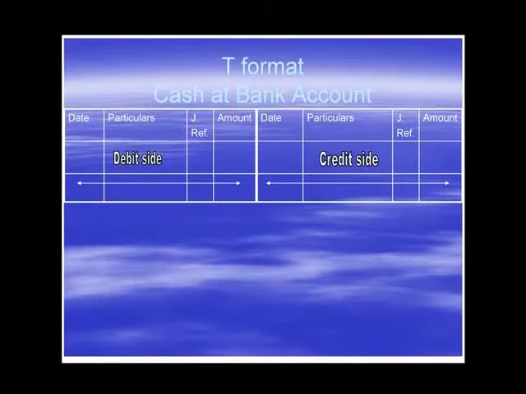So your left-hand side is the debit side of an account, and your right-hand side is the credit side. Hereafter we don't use left-hand side and right-hand side, but debit side and credit side. So if you want to credit a particular amount, then record it in the credit side. If you want to debit a particular amount, record it in the debit side. And for each account, there must be a title.